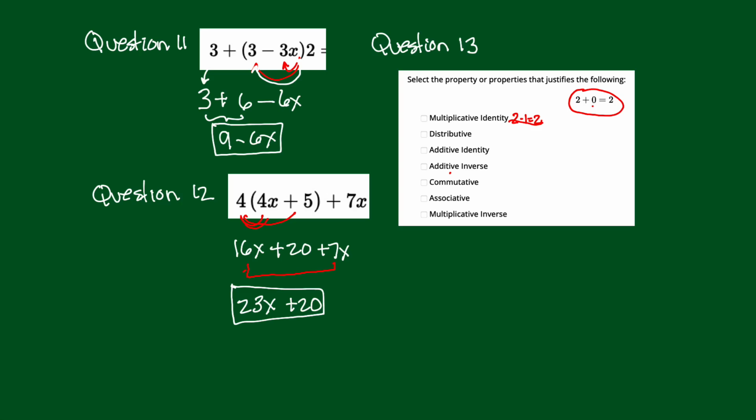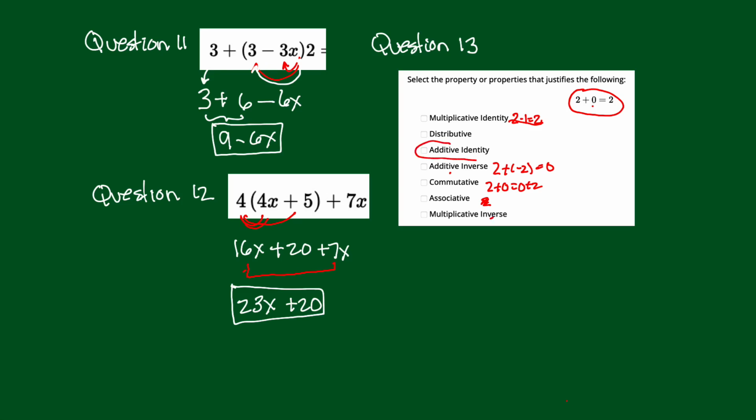Additive inverses mean something like this: what if I had 2 plus the inverse? That would give me a 0. That's not what we're doing. It's not the commutative property, that would be like if I had 2 plus 0 equals 0 plus 2. It's not the associative. The multiplicative inverse, I'm not really multiplying anything like this.